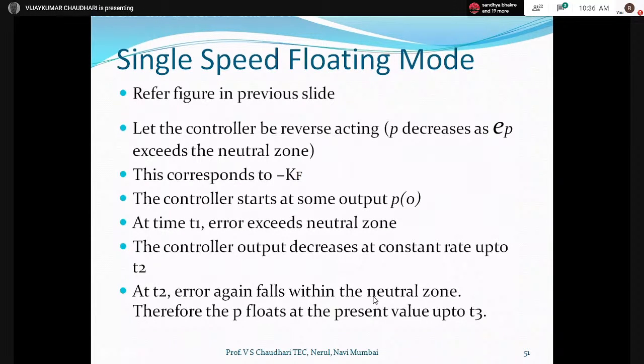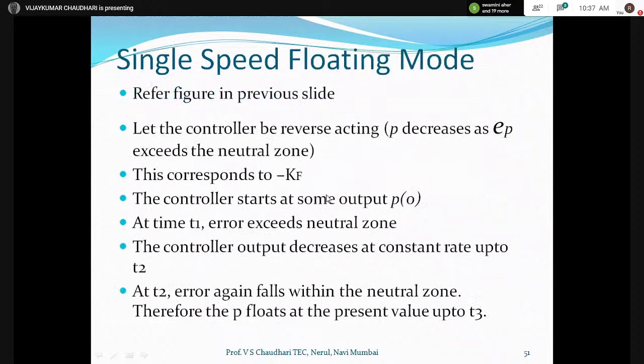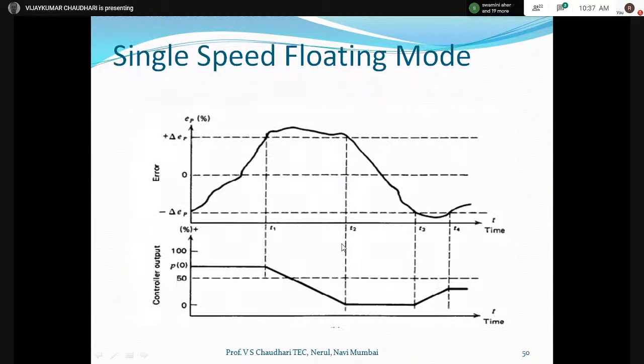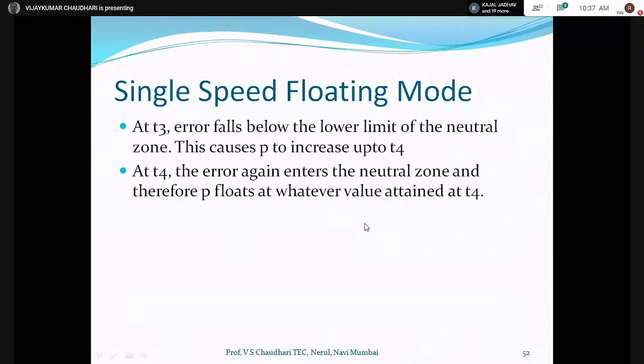At t3, error falls below the lower limit of the neutral zone and it causes controller output P to increase up to t4. This corresponds to plus k. At t4, error again enters the neutral zone.